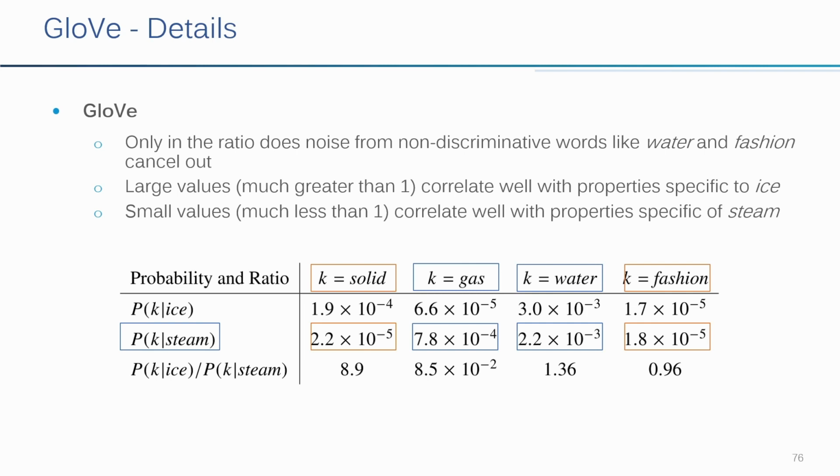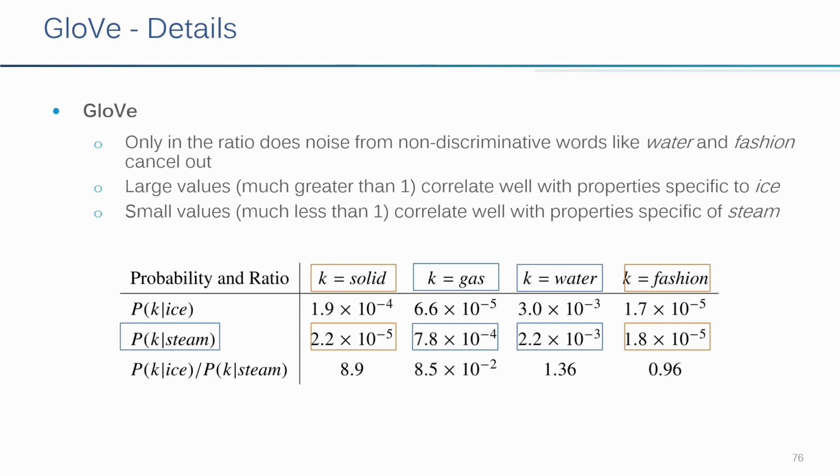For example, for both ice and steam, if you're trying to predict a word, in this case fashion, they have roughly the same value. So you cannot use this to differentiate much more.